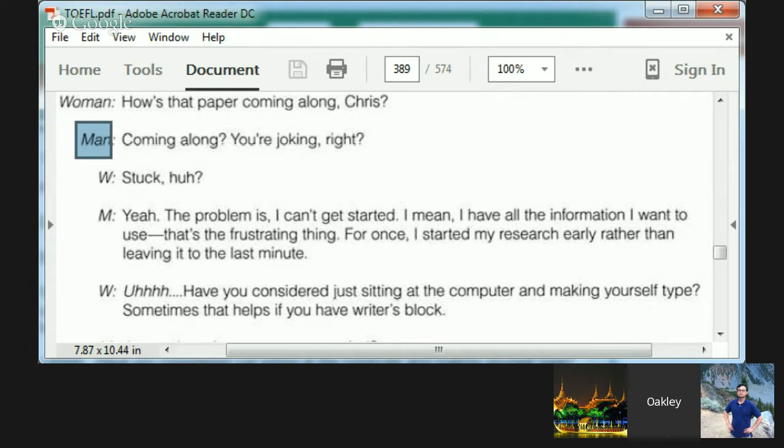You and me, Wasu. How's that paper coming along, Chris? Coming along. You're jogging, right? Stuck, huh? Yes. The problem is I can't get started. I mean, I have all the information I want to use. That's the fascinating thing, I start my research early rather than leaving it to the last minute.